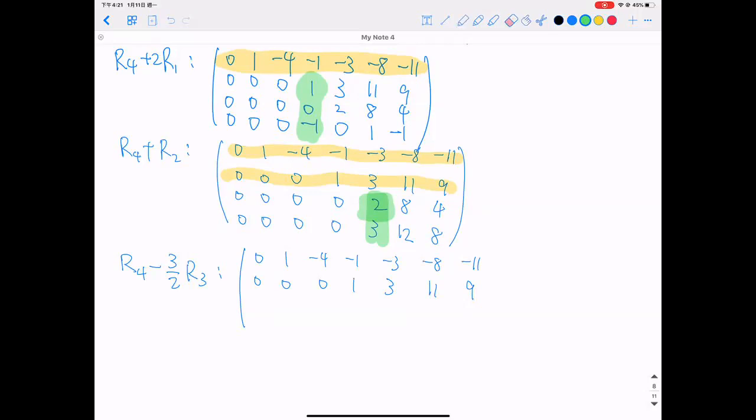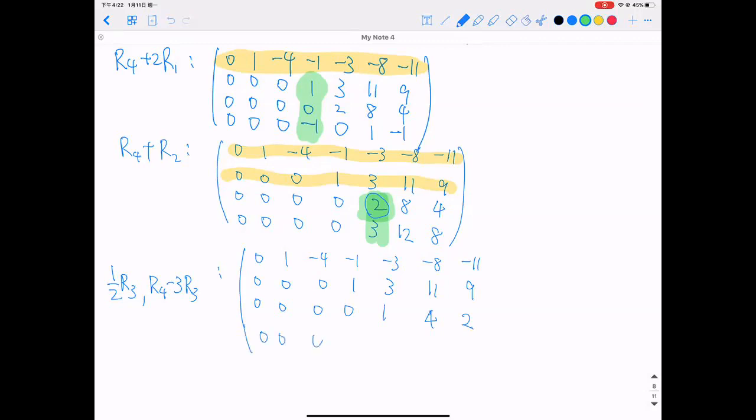I should first turn this 2 into a 1. That requires I halve R3, and I take R4 minus 3 times this resulting R3. Okay, that's better. R3 will give me 1, 4, 2.